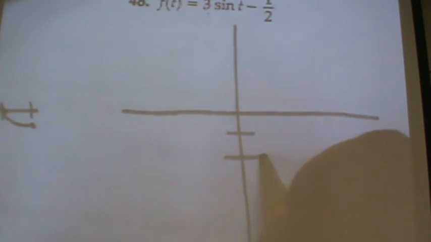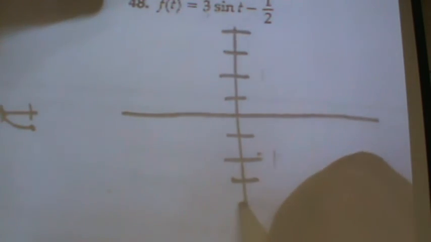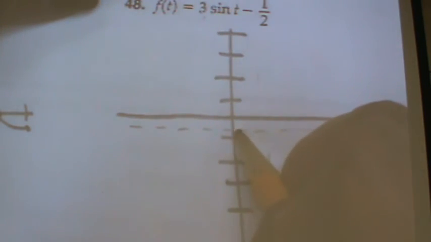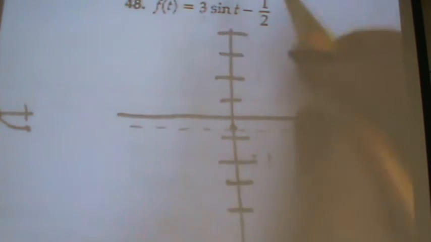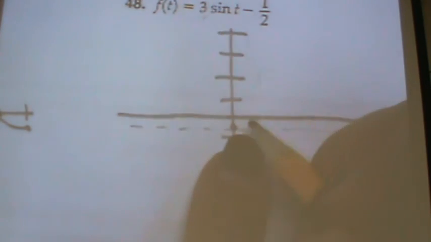How would you do this one? I'm gonna do, that's 1, -1. Actually, no, I shouldn't do that because I'm gonna be off the page. Let's do that. Okay, this one, your new x-axis is gonna be at -1. So we're gonna start at the new x-axis right here, and we've gotta count 3 units above.